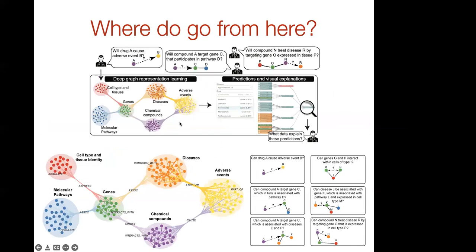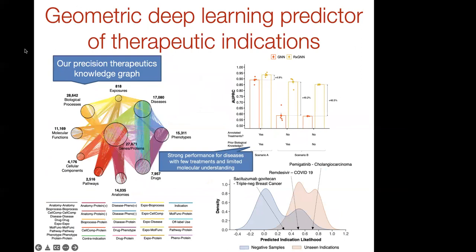So to make some of this work a bit more practical, we have recently been working quite a bit on developing these geometric deep learning predictors for modeling therapeutic indications.